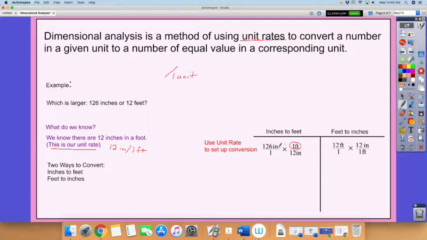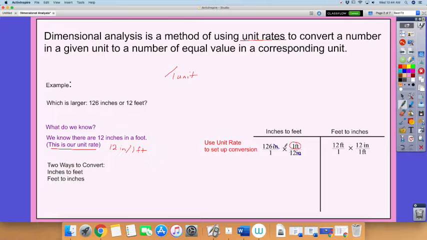And when we're working with fractions, if there's the same unit on top in the numerator and in the denominator, that will actually cancel them out. So that's how we're going to decide which way to write our unit rate. Is it the rate over 1 or 1 over the rate? It just depends on what we start with. Whatever is in the numerator in our first part of the problem needs to be in the denominator in the second part.